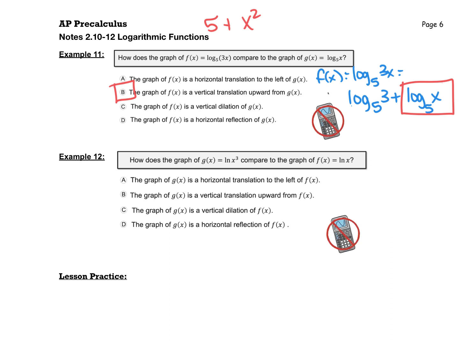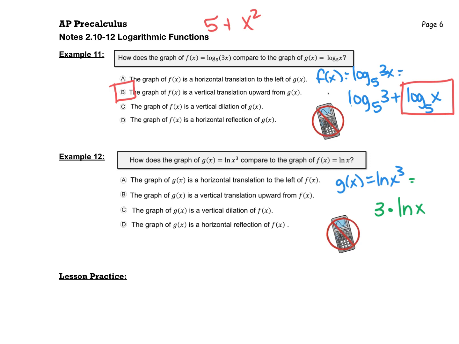On the next one, how does the graph of g of x equals the ln of x cubed compare to the graph of f of x equals ln of x? In other words, what are we doing to ln of x? So if I have ln of x cubed, what could I do with that? Pull the 3 out in front: 3 times the ln of x.